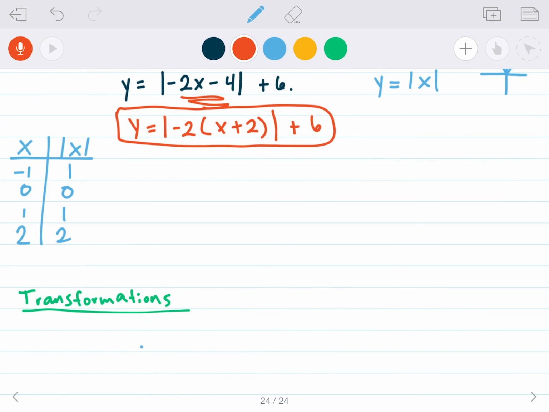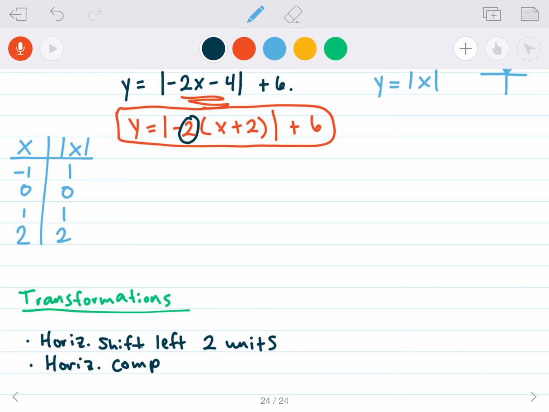Well, on the inside, I'm noticing that I have a horizontal shift to the left 2 units. I also have a horizontal compression by a half, right? Because I take the reciprocal of 2, which is 1/2.